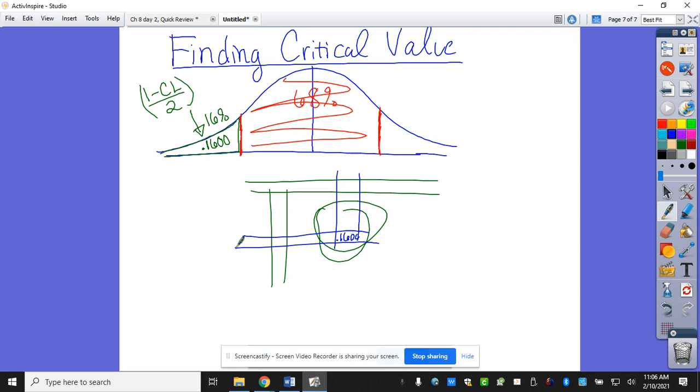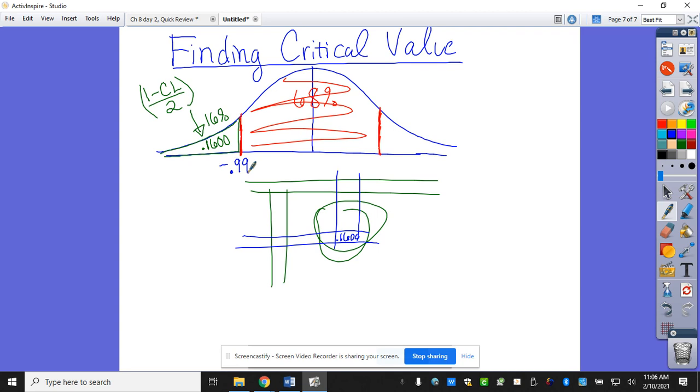Actually, yes, that one's closer. Barely. What is that z-score? What's that really close to? Negative 1. Why should that make sense?